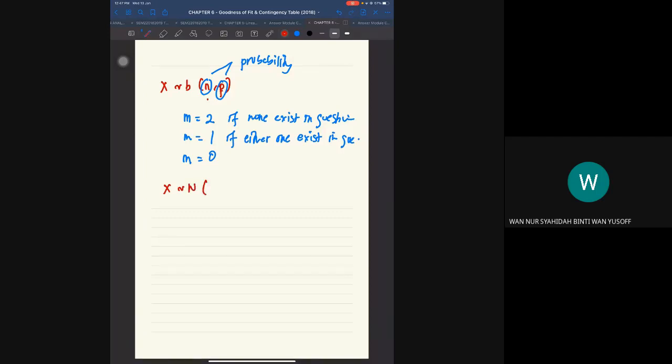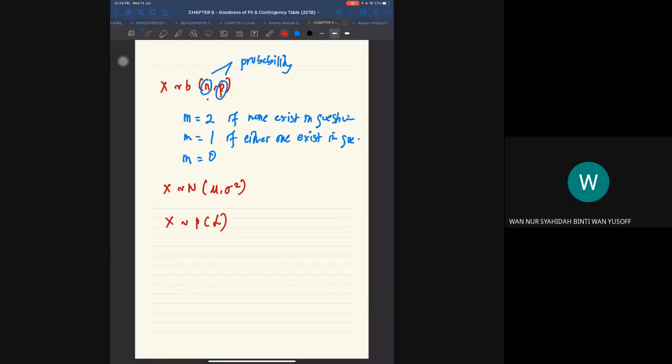Similarly, the normal distribution also has two parameters, which are mu and sigma square. If you cannot find both, then M equal to 2. Either one given, M equal to 1. Or both given, M equal to 0. For the Poisson, lambda is the mean or average.